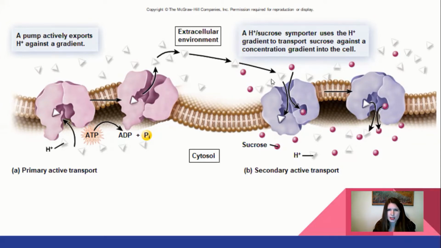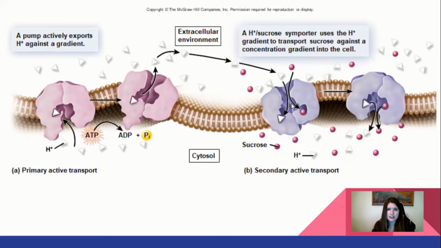But what do we see happening through our transport protein? So we see co-transport happening, right? We have hydrogen and sucrose both going into this transporter, moving the same direction. Both hydrogen and sucrose are being moved into the cell.